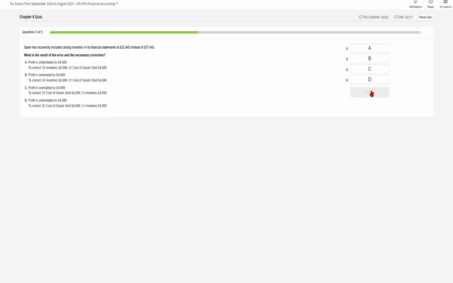Okay, Spain has incorrectly included closing inventory in its financial statement at 32,943 instead of 37,642. What is the result of the error and the necessary correction? So the correct value of inventory was 37,642, but they considered 32,943.